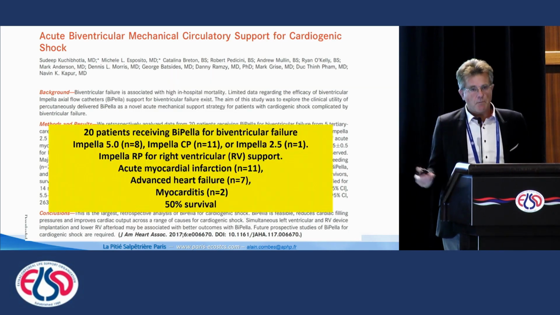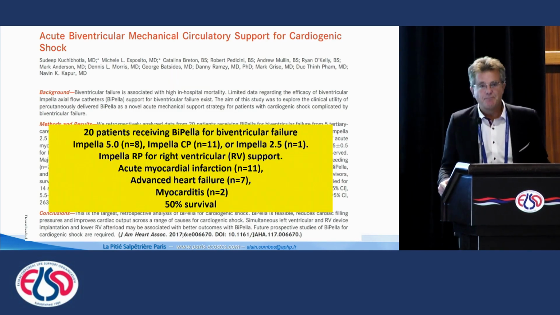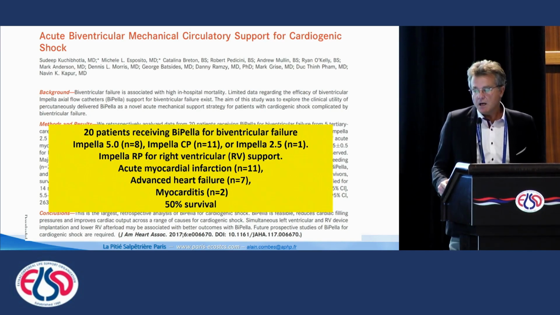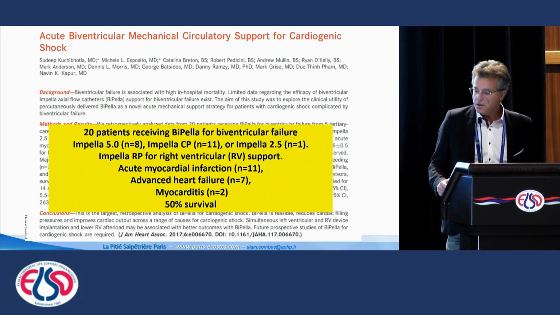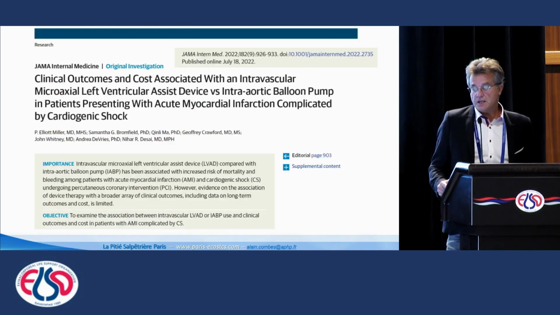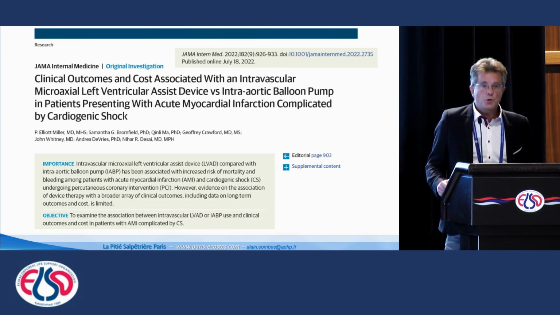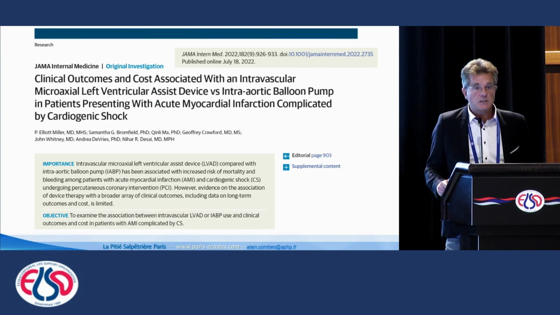And there are some papers showing that this bi-pella strategy might be applied to patients with severe biventricular dysfunction, like in that paper here in a mixed population of patients with acute MI and also advanced heart failure, with a good survival rate, which actually was 50% in that series of patients.